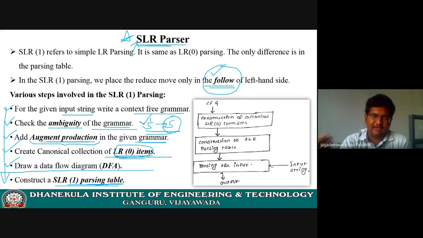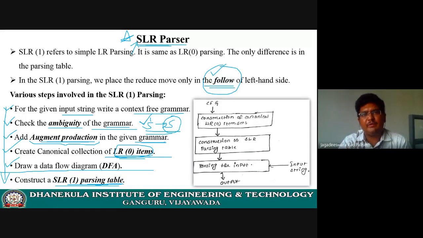Okay, if anyone asks, or if you get a 2 marks question, what is the necessity of constructing a follow function in SLR? Simple answer: in order to avoid the conflicts, be it shift-reduce or reduce-reduce, we are going to depend on the follow function. Here itself I will explain.